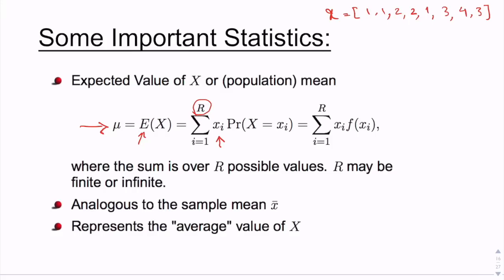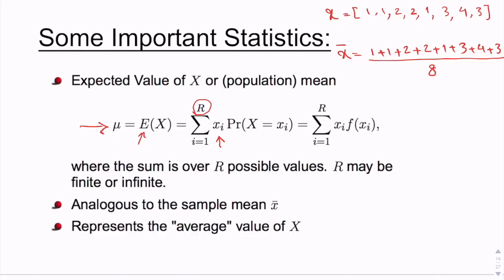So if I ask you to compute the sample mean for this data collected from a population, the way we compute the sample mean is we add up these numbers, 1 plus 1 plus 2 plus 2 plus 1 plus 3 plus 4 plus 3, right? And then we divide by the number of samples drawn from the distribution: 1, 2, 3, 4, 5, 6, 7, 8. We divide by 8. But I can write down this formula in another way.